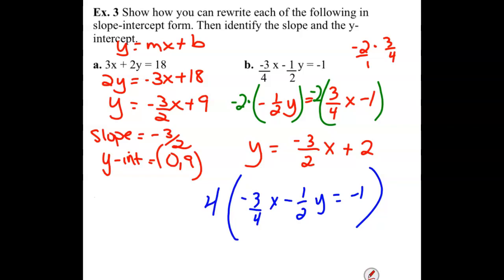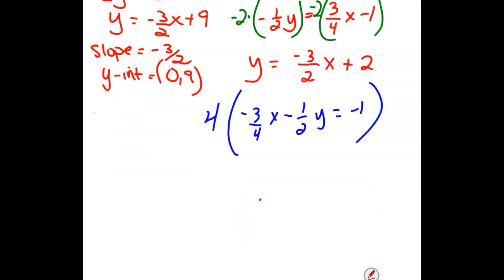As long as I've times both sides by it, it's still equivalent, just going to look different. Multiplying this, I get -3x. Multiplying to here, 4 times -1/2 is -2. 4 times -1 is -4. And now it looks more like the first equation that we did, right? Where we can move things around. Doesn't matter to me which route you go, you're going to end up with the same answer. Okay?